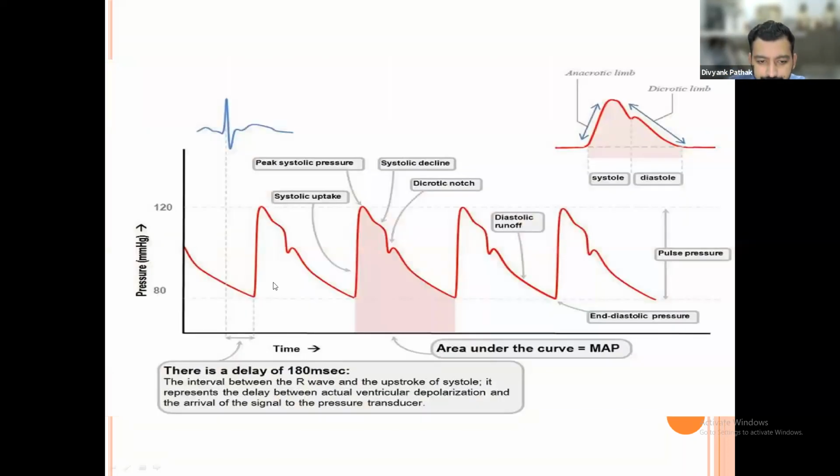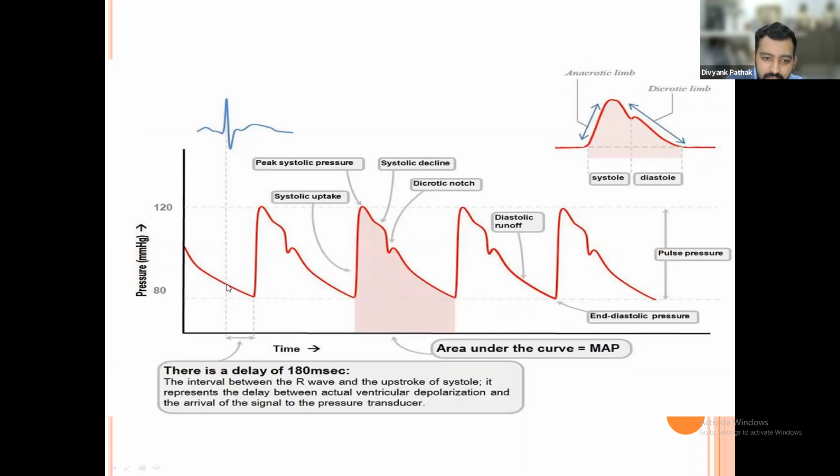So now at this point, there is an R, it coincides with the R wave of the ECG. The signal for contraction has been there. Now this is the delay, the interval between the R wave and the upstroke of systole.